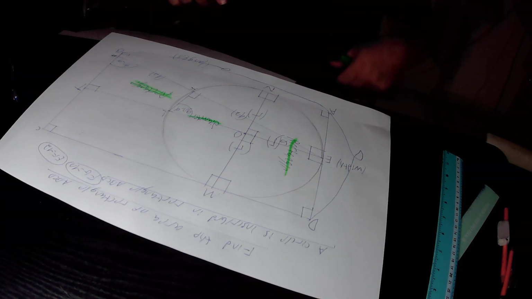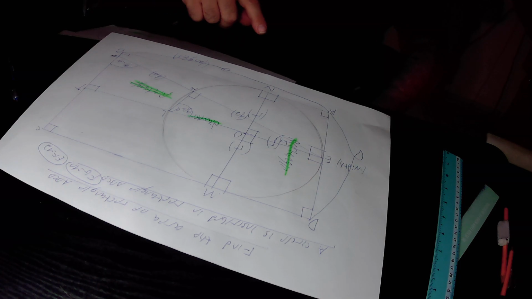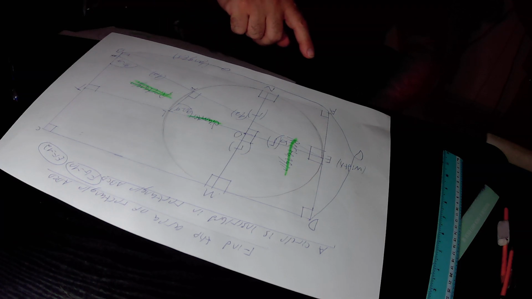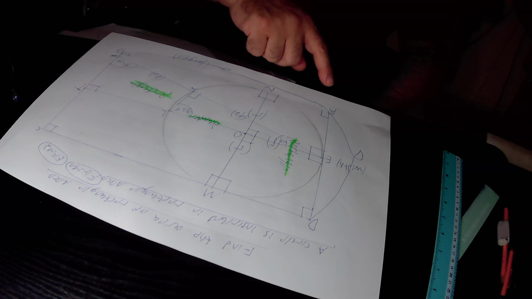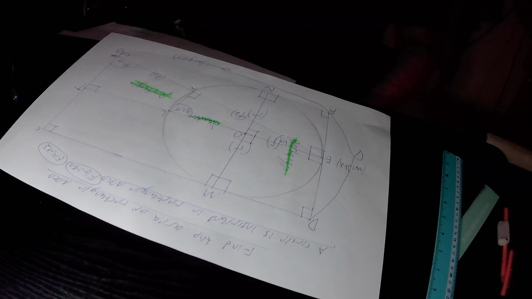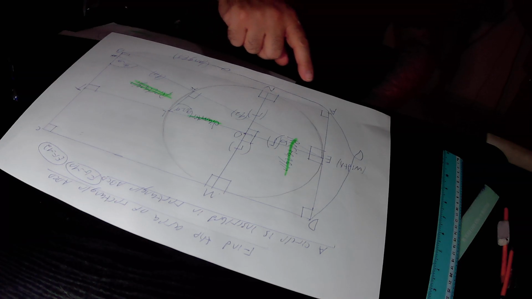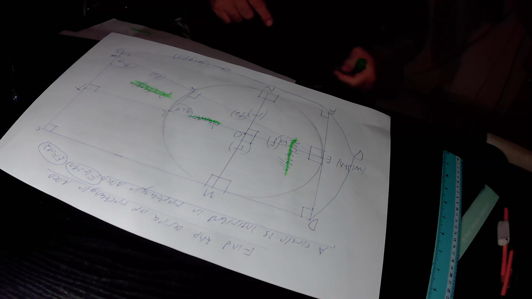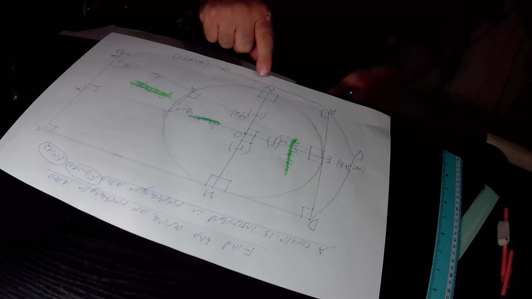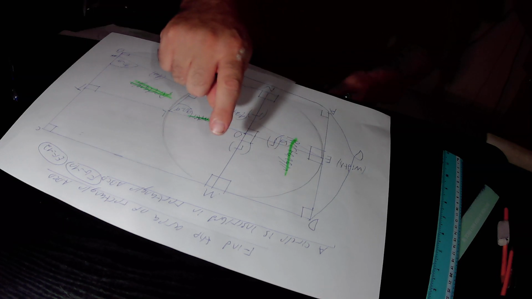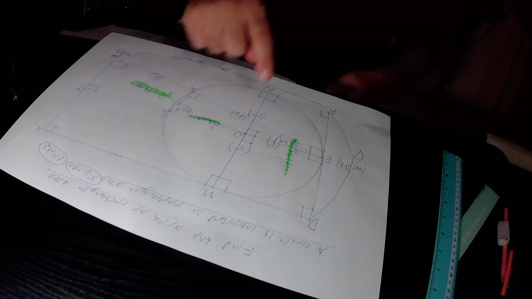And we know that in the big quadrilateral ADMN, we have 4 right angles, and therefore quadrilateral ADMN is a rectangle.